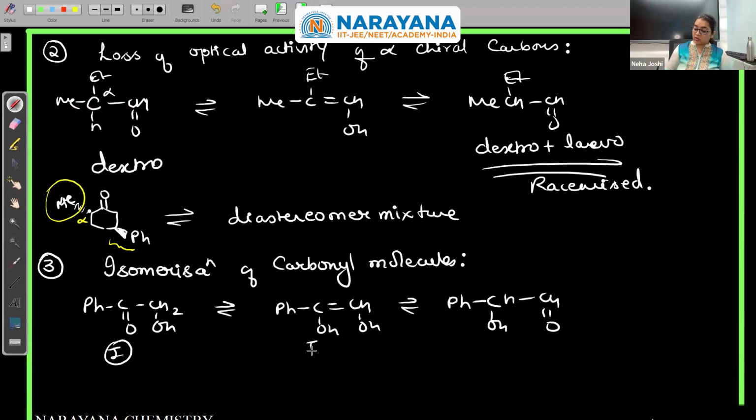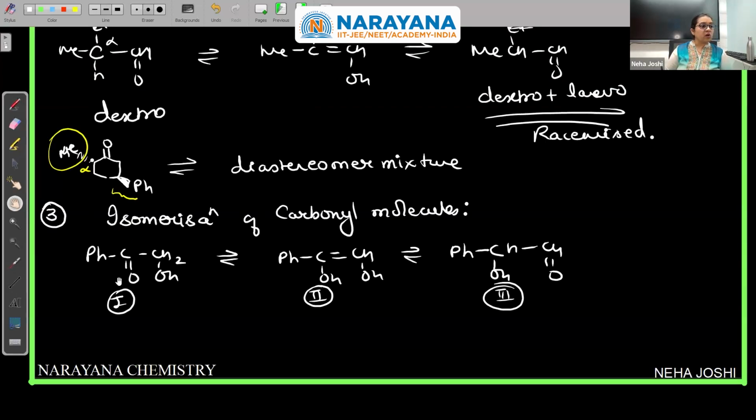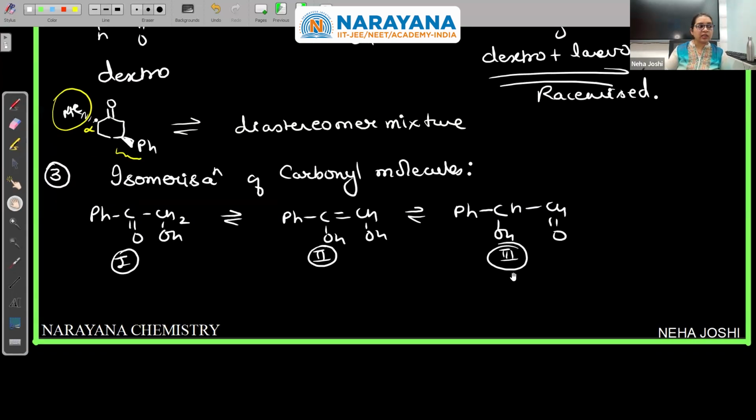This is first, this is second, this is third. They are all tautomers of each other, ultimately functional isomers of each other. Right? So there is interconversion of carbonyl molecules. Functional group can be changed, chirality can be changed. So many different effects could be there. A glucose can be converted to fructose through this particular process. Okay, that type of thing we are saying.